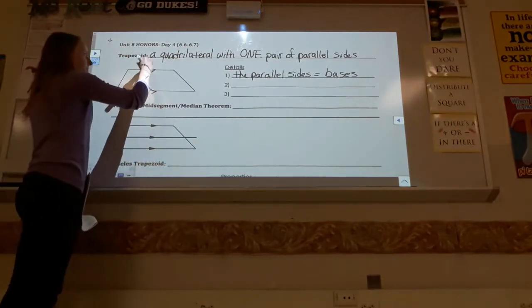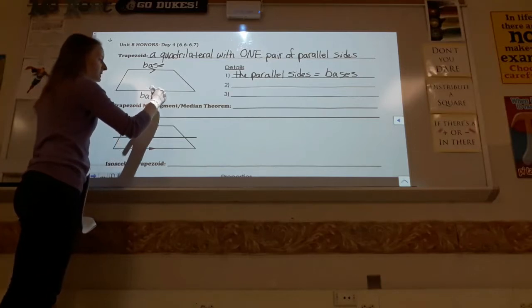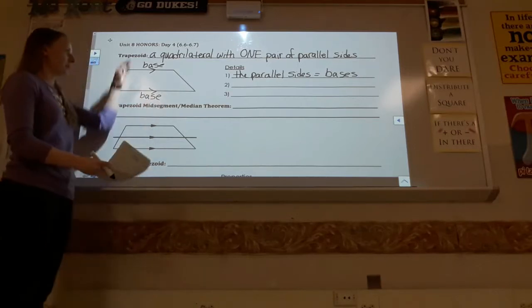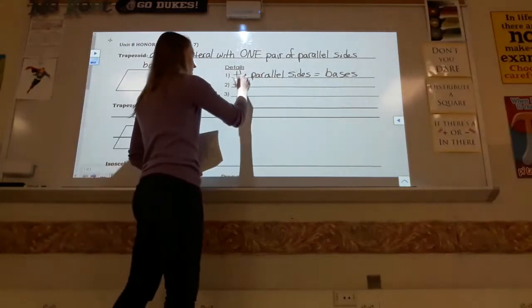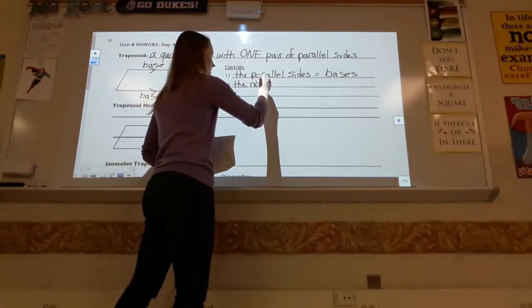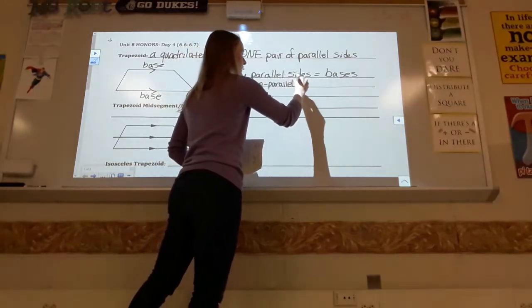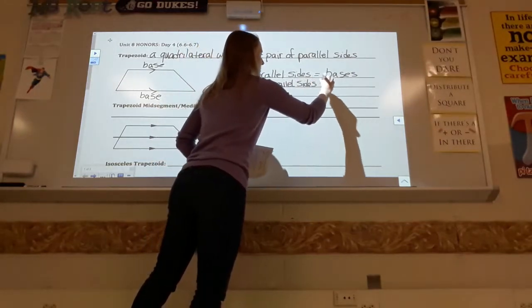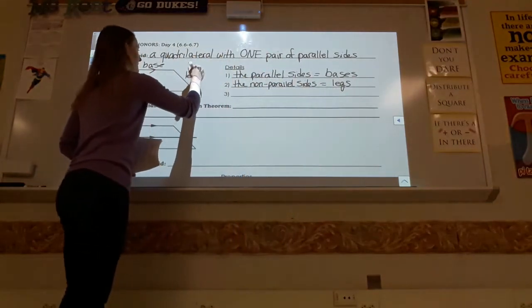We call them bases. So we're going to have two bases for a trapezoid. Okay, so the parallel sides in your trapezoid, those are called bases. The non-parallel sides, we call those the legs. All right, so it looks like this.